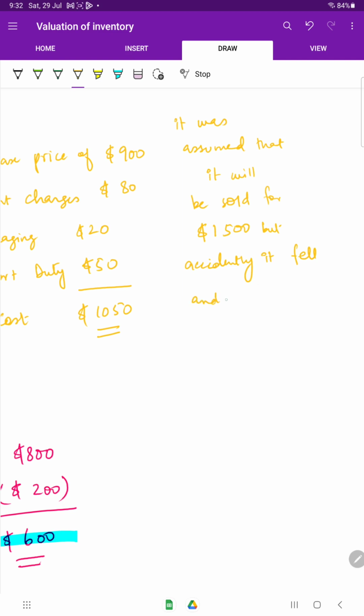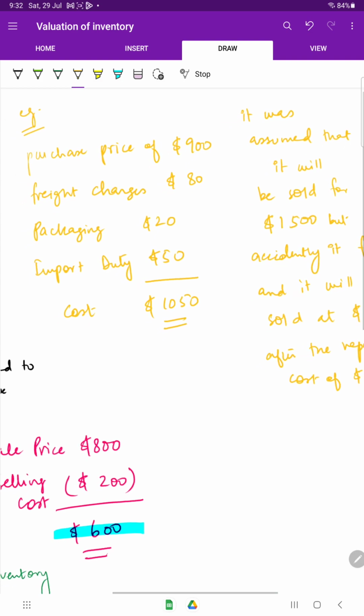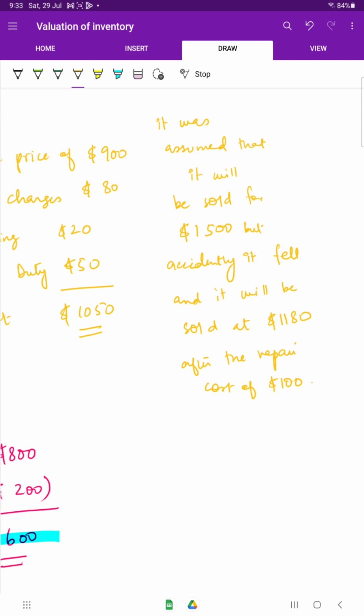So now it will be sold at 1180 after the repair cost of $100. So what's the scenario? You purchased an inventory for 900, you paid 80 as your freight charges, 20 for the packaging and 50 on the import duty. You had this thing in mind that you will sell it for 1500, but accidentally you dropped your inventory, it's damaged. You paid $100 for its repair, and after the repair has done, you are able to sell it at 1180.